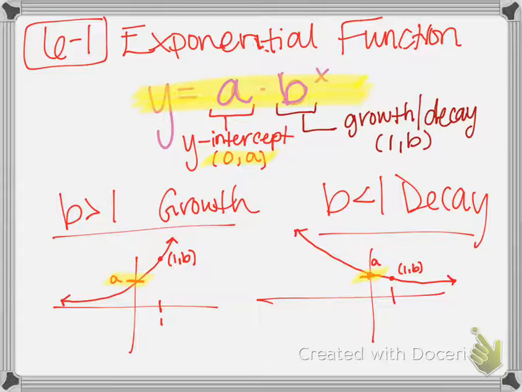And obviously, the more that it grows, the higher it gets. So if b is greater than 1, it's going to be going upward, as we can sort of see here. If it is less than 1, then it's decaying, where it's going downwards. And this also has an ordered pair, which is (1, b). And so I went ahead and actually put that on both of our pictures here.